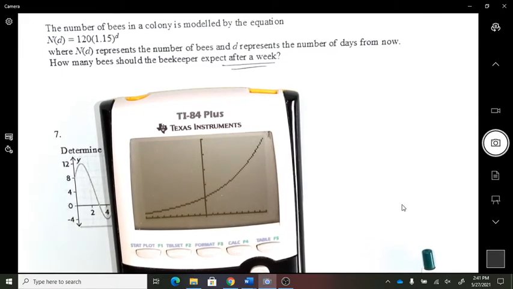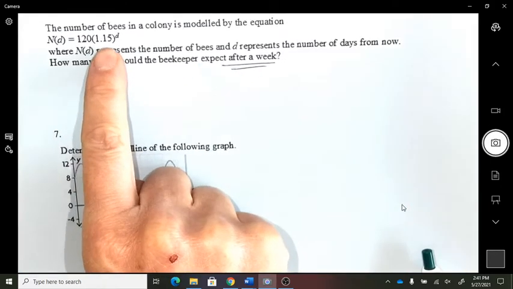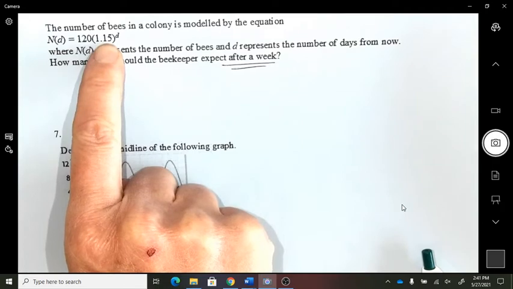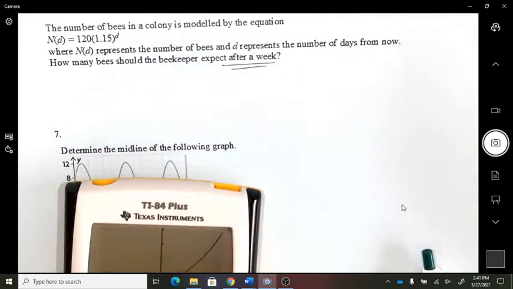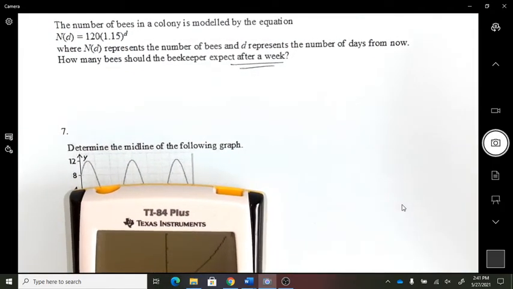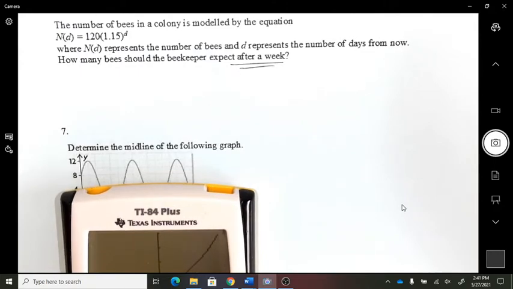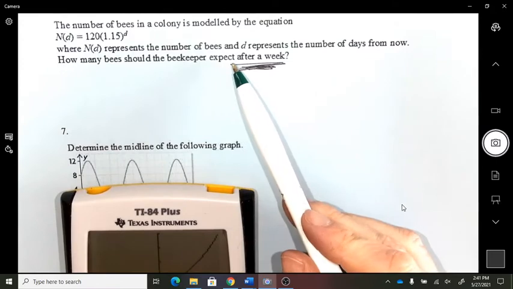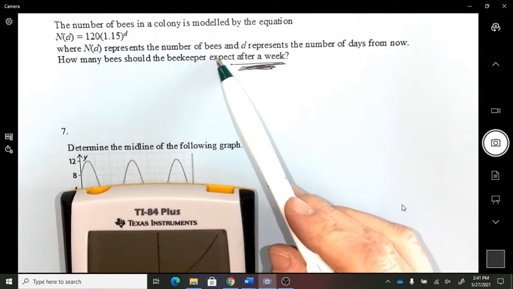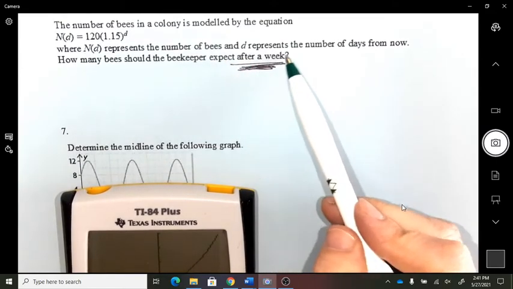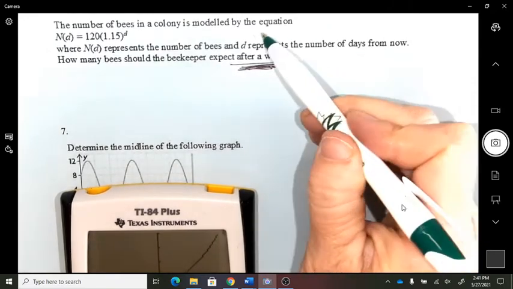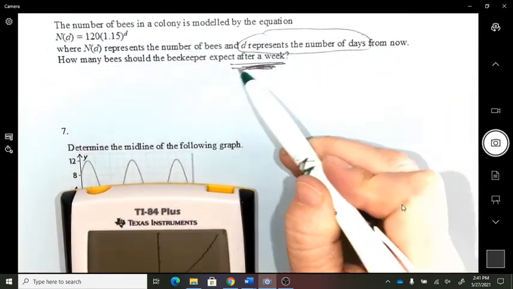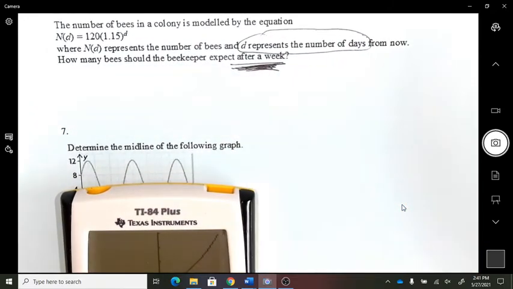Okay, you can see it's growing. It's increasing. Do you know why it's increasing? 1.15 base. It's increasing. How many bees should the beekeeper expect after a week? So what are our variables here? The number of bees, and D is the number of days. D is the number of days we want to know after a week.